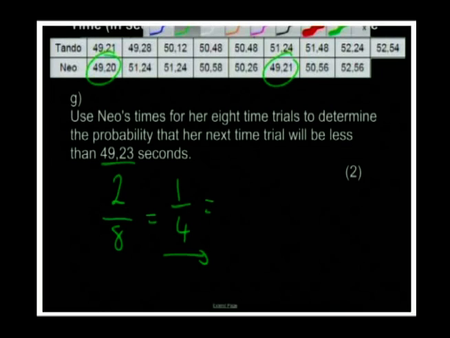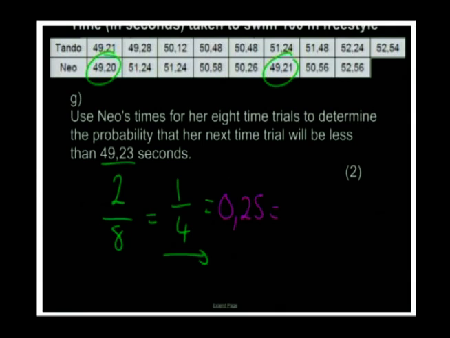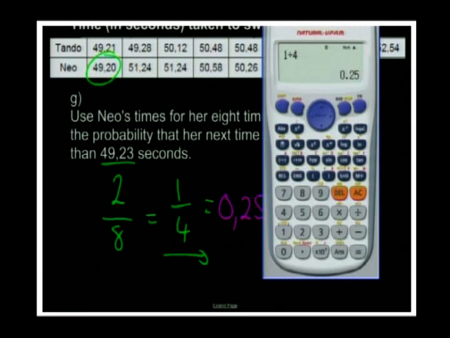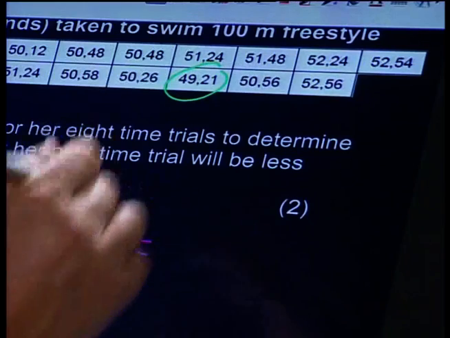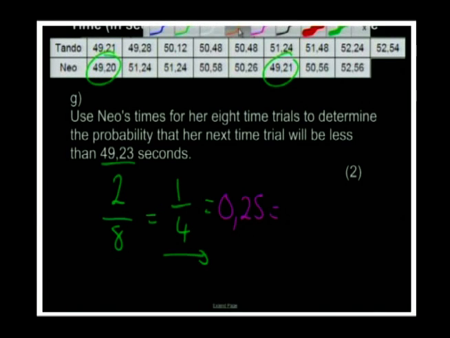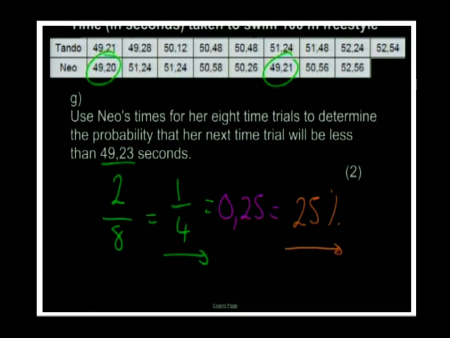So we can rewrite that as 0,25. Which is also what? Well, if I change it to a percent, I times by 100, and I get 25%. So it could be 1 over 4, or 0,25, or 25%.